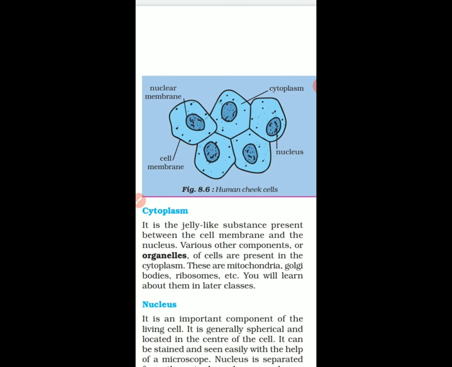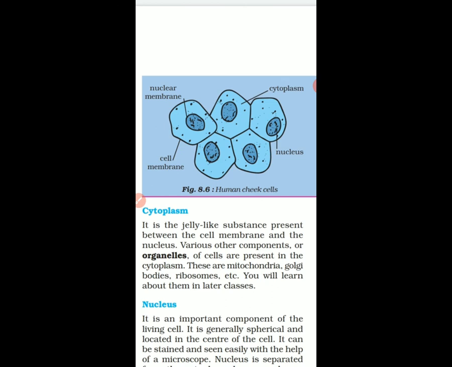Now what is there in the cytoplasm? It is a jelly like substance present between the cell membrane and the nucleus. Various other components or organelles of cells are present in the cytoplasm. Different organelles, they are present in the cytoplasm.